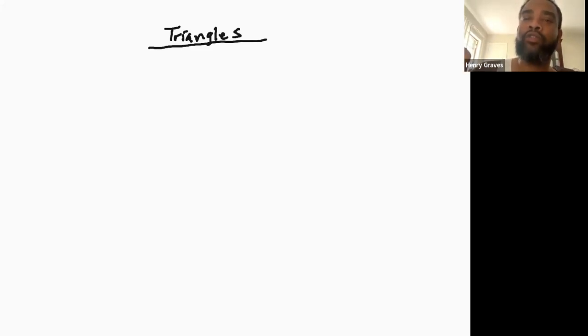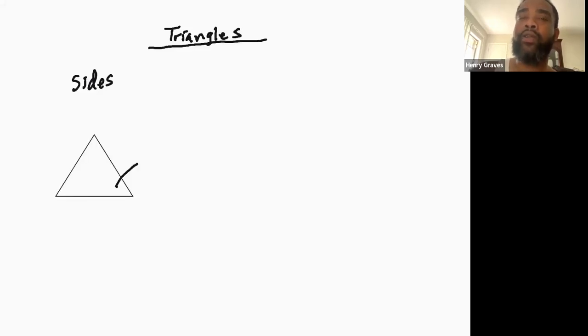So obviously here's a triangle. Let's say I have 5 inches on this side, 5 inches here, and 7 inches on the bottom.